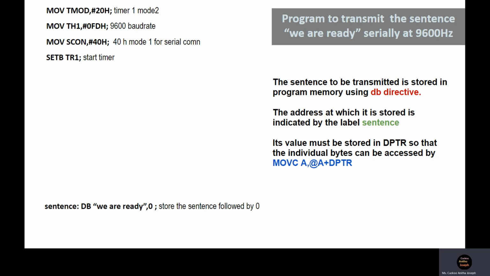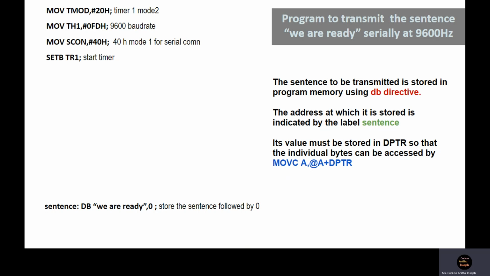What the DB directive does is that it assigns a byte of storage for the data that comes following the DB directive. So when the assembler processes this statement, sentence will be replaced by an exact address, say for example 3000H.